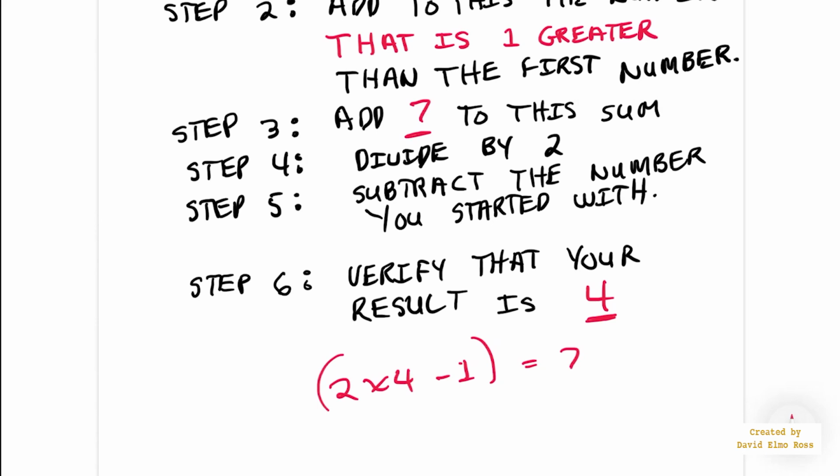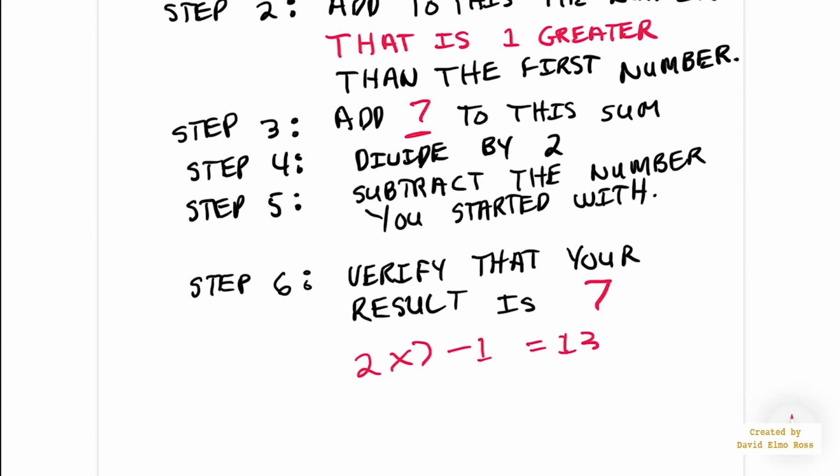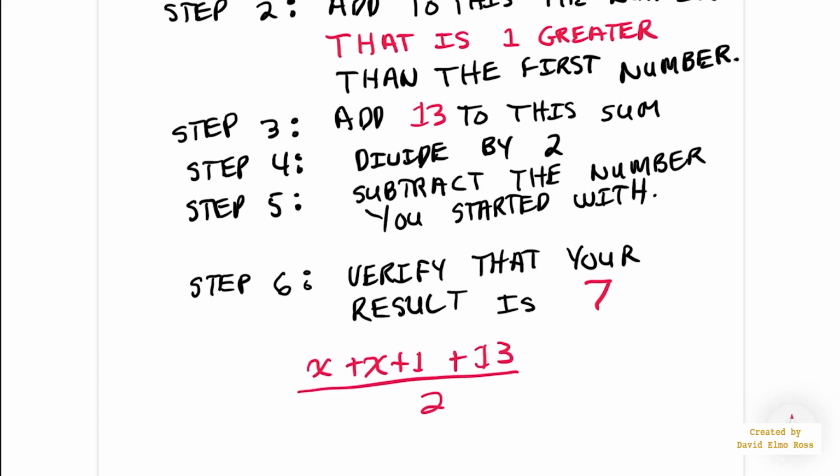So let's validate that because I've said that, but let's take a look and see if we want to make it come to a different number. Let's just say we want it to come to 7. So the calculation here is going to be 2 times 7, which is 14, minus 1. So that's 13. So what we have to do now is just go up here and change our 7. So if you remember how this works, we take any number, add the next number highest, and now this time we're adding 13, and then we're going to divide by 2, and we're going to subtract the number we started with.